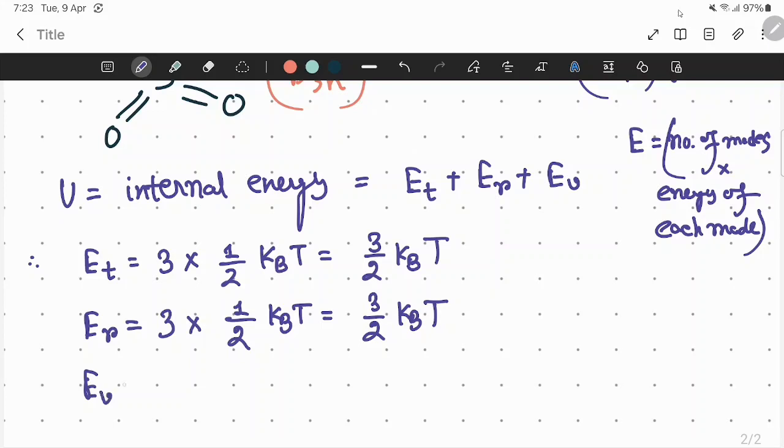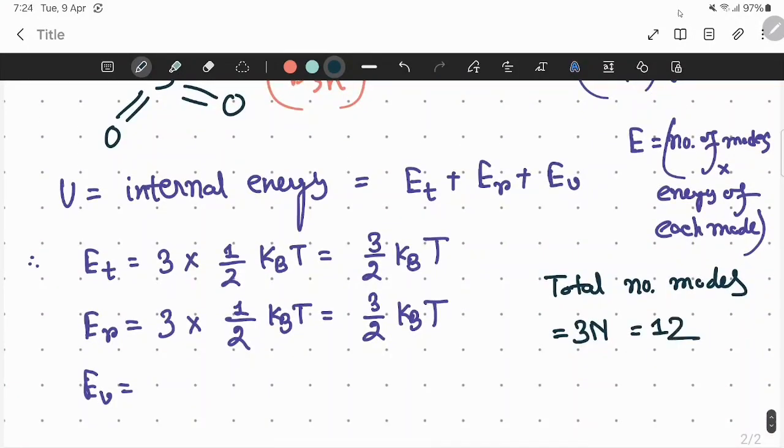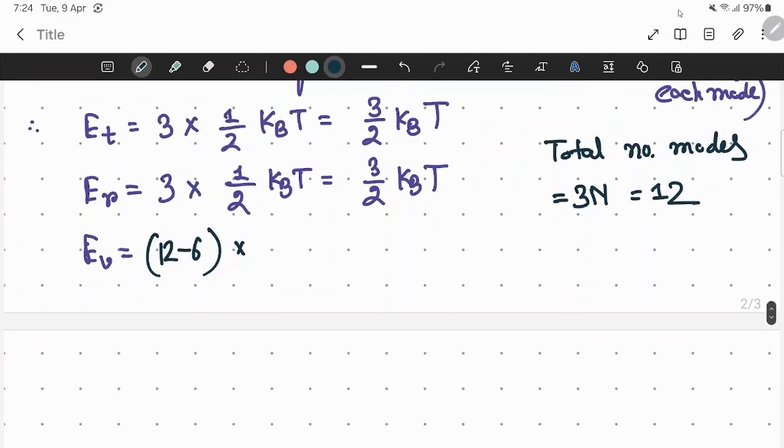Now for E vibrational, the number of modes we can find out. The total number of modes will be 3N, where N is 4 atoms, 1, 2, 3, 4. So it is 12. So the number of vibrational modes will be 3N minus 6, that is 12 minus 6, as 6 are already used. I have already discussed that the energy of each vibrational mode depends on the temperature.